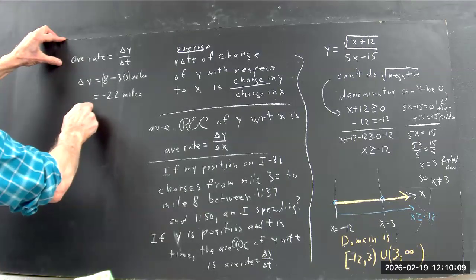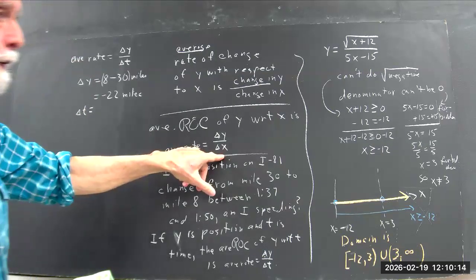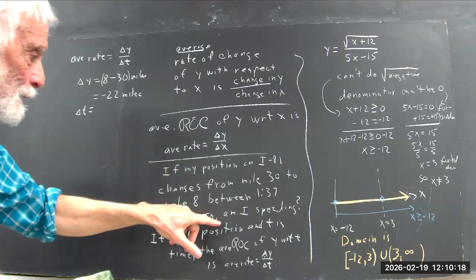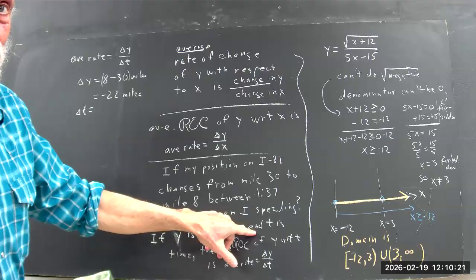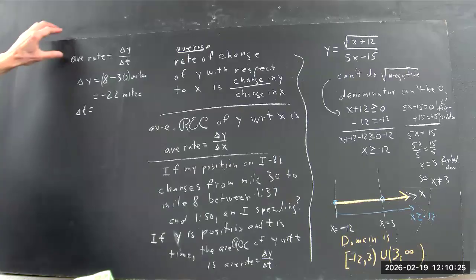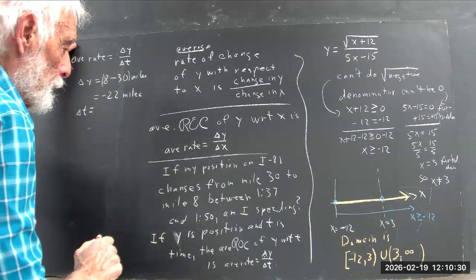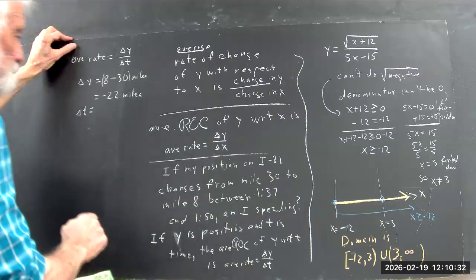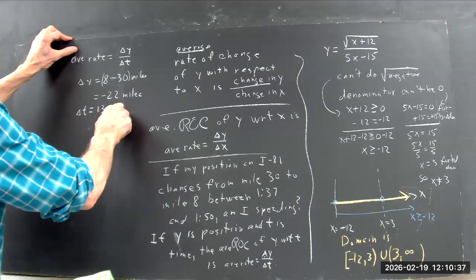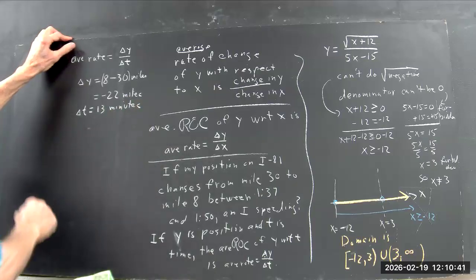Delta t, and notice I'm using delta t instead of delta x, because it makes more sense to use t for time. So, whatever our variable is here, we call it delta whatever. But delta t is 13 minutes.